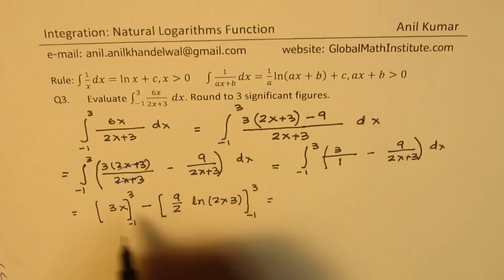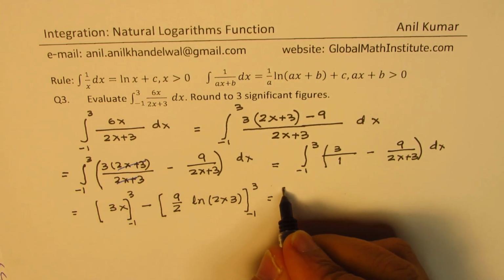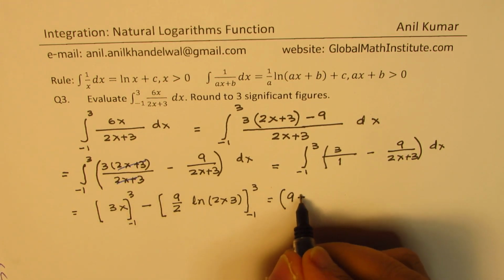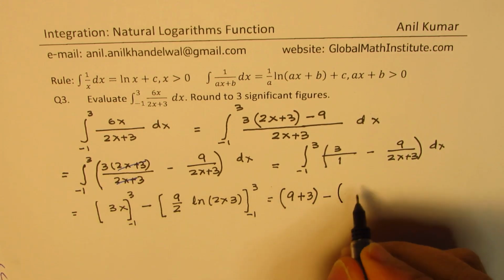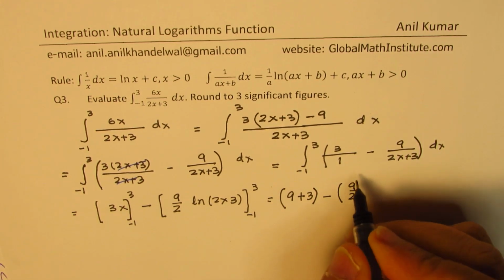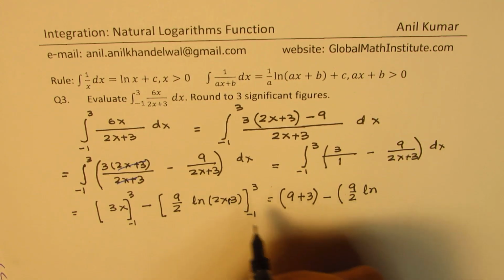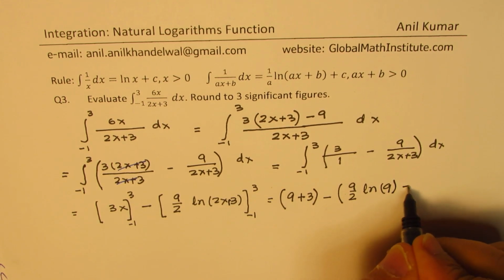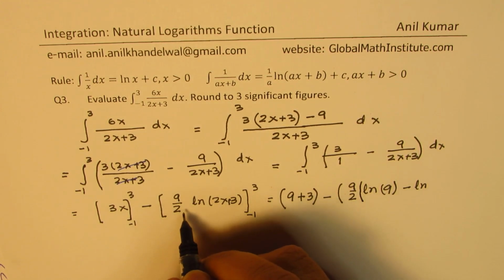Okay. Now let's figure this out. So 3 times 3 is 9. So what we get here is this portion is 9 minus, if I put minus 1 here, then it becomes plus 3, right? Minus this value, which is 9 over 2 ln of 3 times 2, which is 6, plus 3. So 6 plus 3 is 9, minus ln, well, 9 over 2 is common, right?